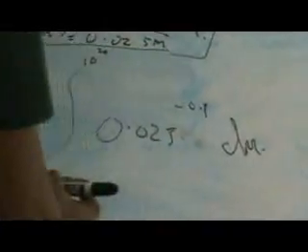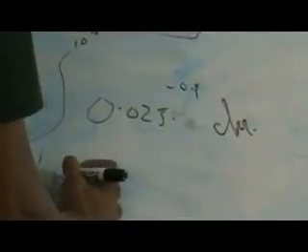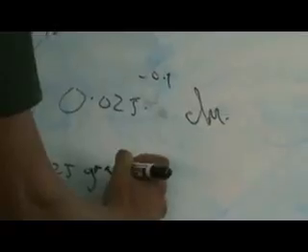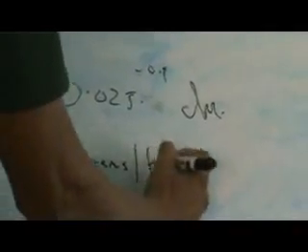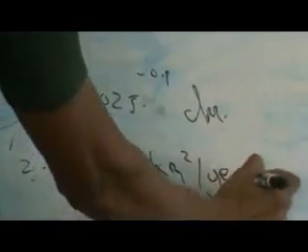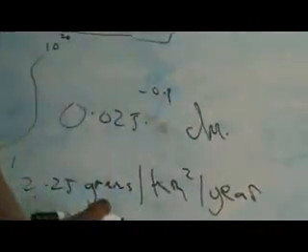And when I work this out, I got 2.25 grams that were impacting the Earth on every kilometer square for that year. Now, to find the total mass of objects that were impacting the Earth in 2012, all I had to do was multiply this value by this.